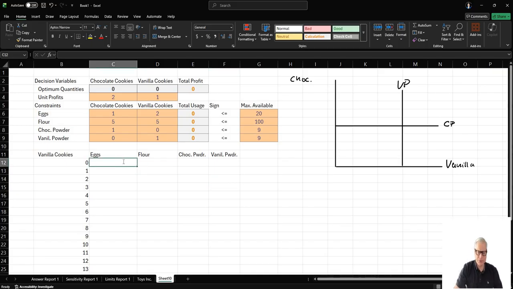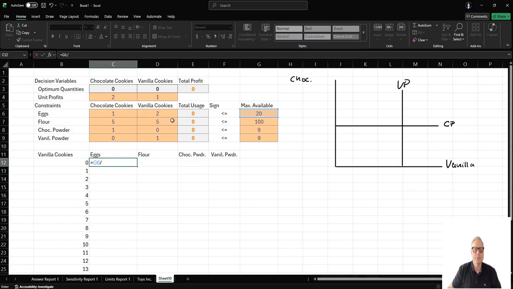Okay, so let's just do that again, and we already know from the earlier video that if we want to make that fully responsive, the x constraint is the maximum available.